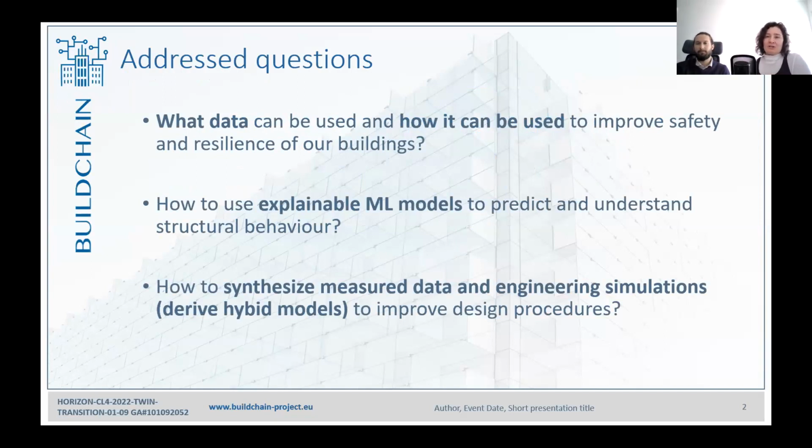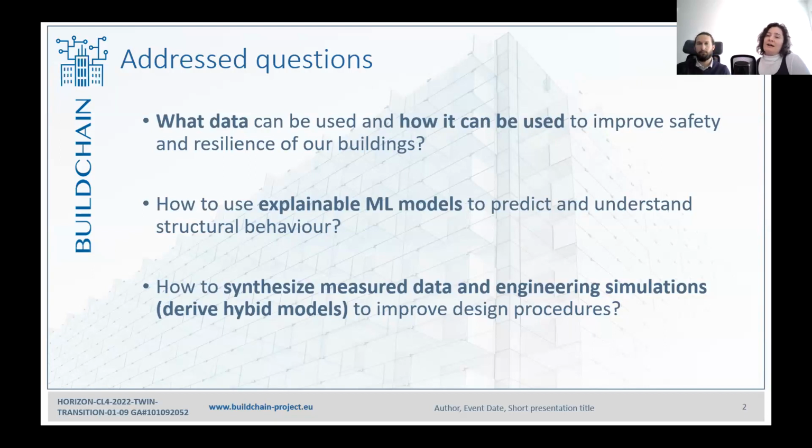The second question, which I am going to address today, is how to make explainable machine learning models to predict and understand structural behavior. So this is a purely data-driven approach that I will explain, and then I will just shortly introduce the idea of a hybrid model.